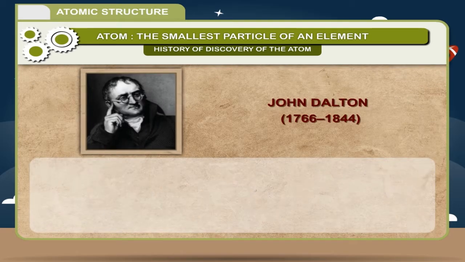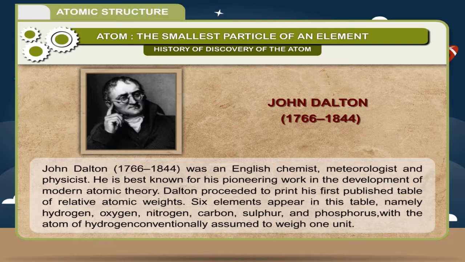John Dalton, 1766 to 1844, was an English chemist, meteorologist, and physicist. He is best known for his pioneering work in the development of modern atomic theory.